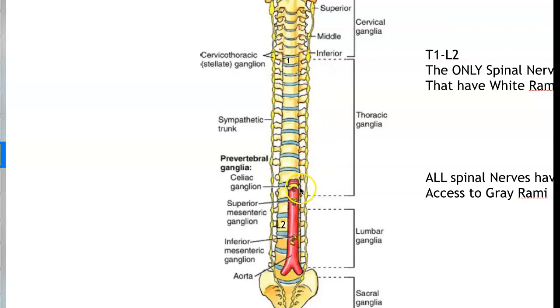Our prevertebral ganglia are going to be somewhere in front of the vertebral column on the abdominal aorta, right here, prevertebral ganglia. So far so good. You've got the sympathetic chain ganglia, and you've got these prevertebral ganglia. Those are the two places where our first visceral motor neuron can synapse.